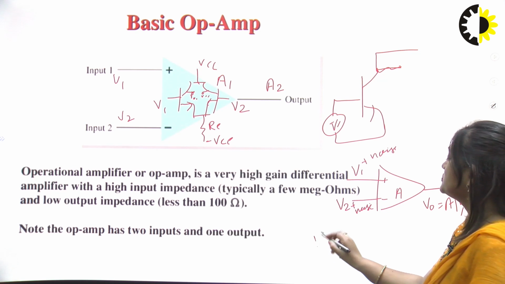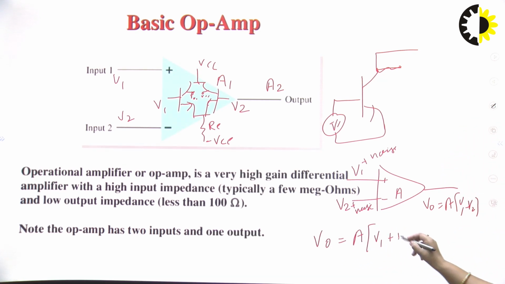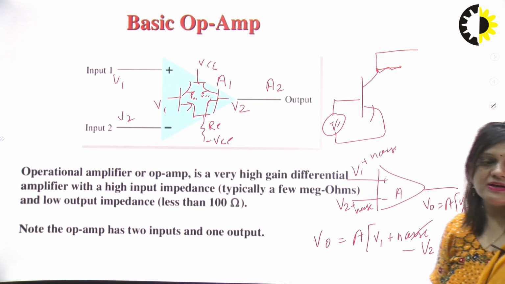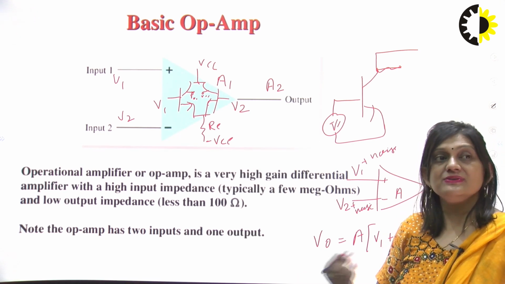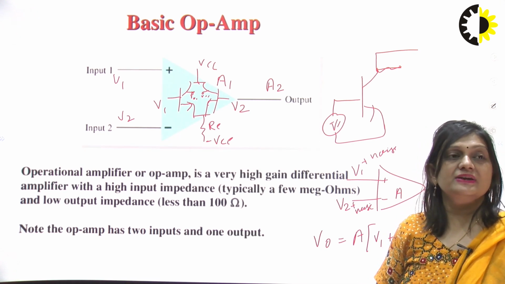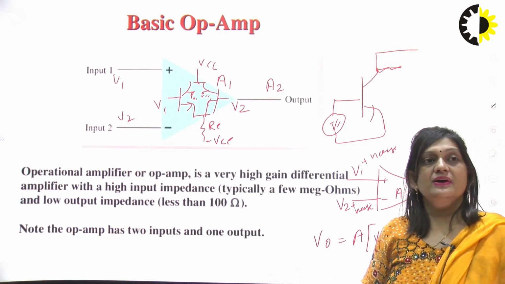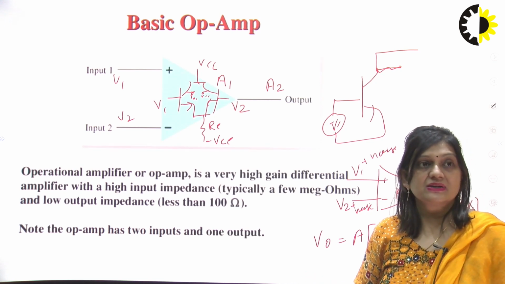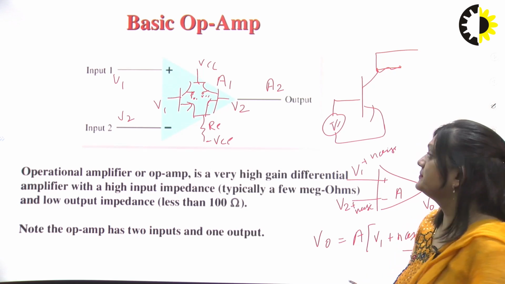At the output we can see the output will be A times of V1 plus noise, minus V2 minus noise. So this noise will be cancelled out. This is the benefit of using the difference amplifier: the noise introduced at both ends V1 and V2 will be cancelled out at the output. So this op-amp amplifies the differential mode signal and rejects the common mode signal.